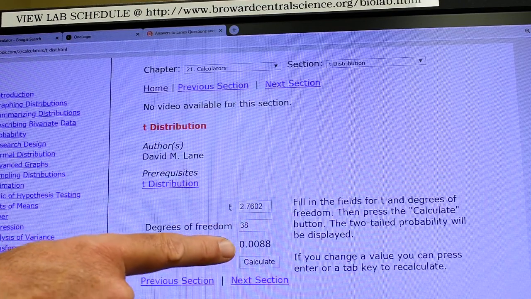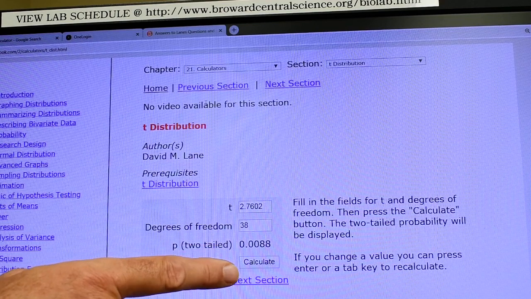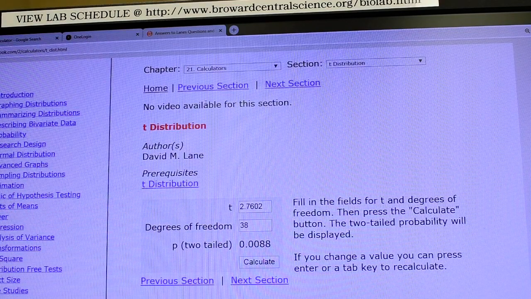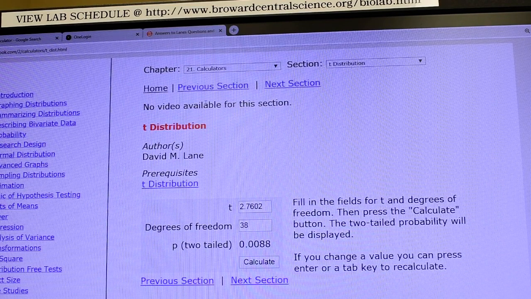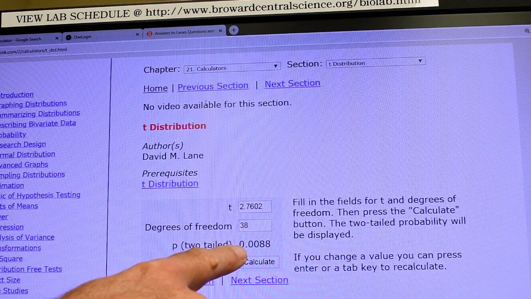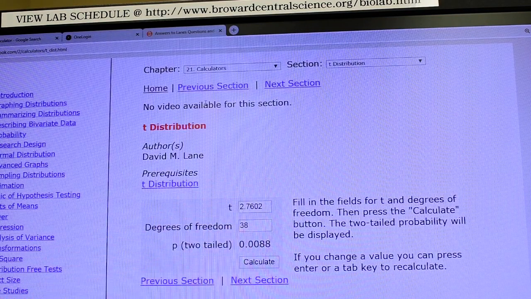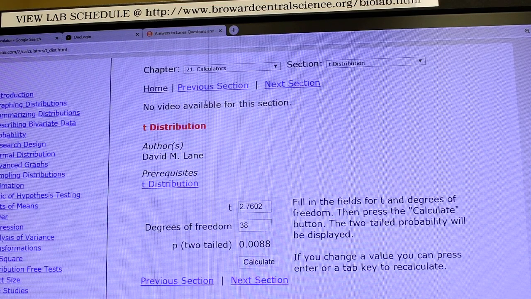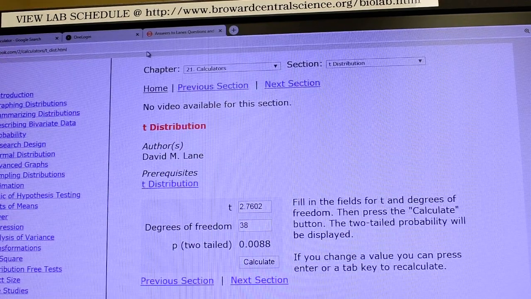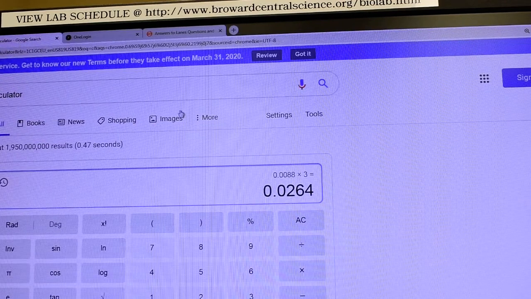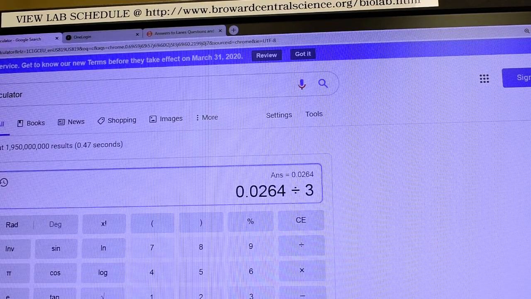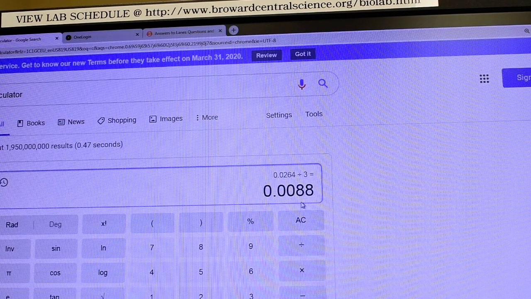Now the thing is, that's the probability you would report if you were only comparing the two groups. But we're going to make all possible comparisons, so we have to adjust that probability by multiplying it times the number of comparisons we're actually making. I've done that in the calculator here. That is the probability that we got from Lane.